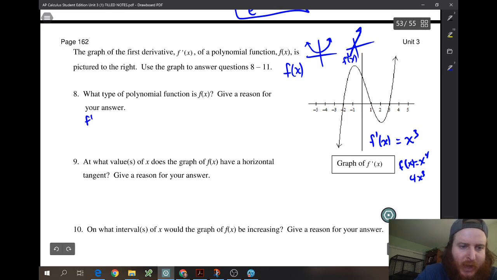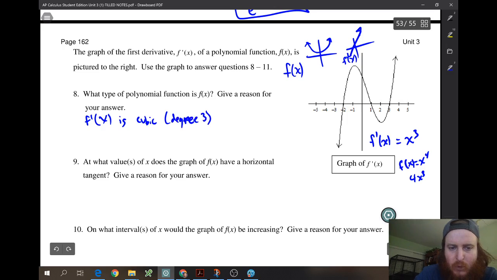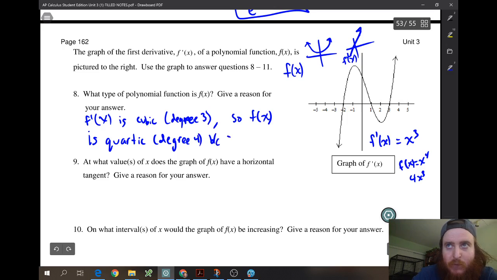So basically what we're saying is f prime of x is cubic, degree 3. So f of x is quartic, to the fourth power, degree 4. You could just say degree 4 if you don't know the word quartic, because f prime of x is 1 degree less than f of x.